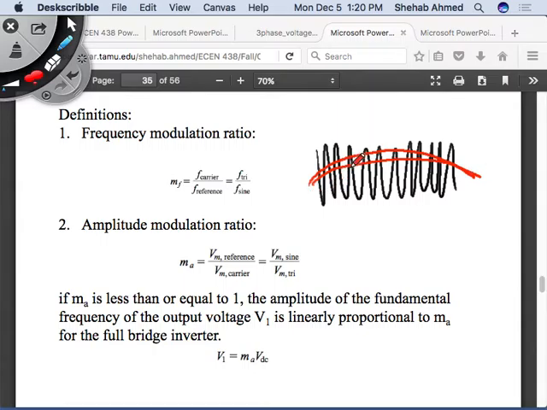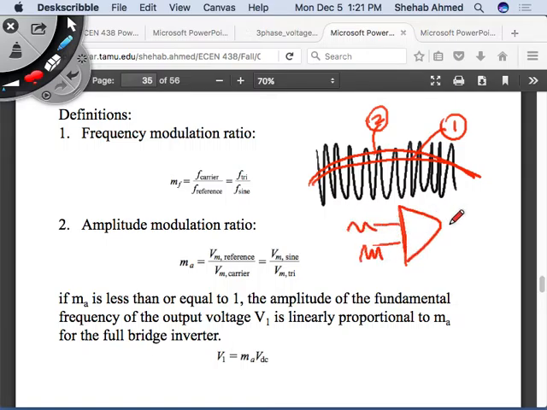So if I change the magnitude from case 1 to case 2, remember, where are these two going? These two are going to something like a comparator, right? The triangular wave here, the sine wave here, and then I get outputs depending on if this is my plus or minus, or vice versa.